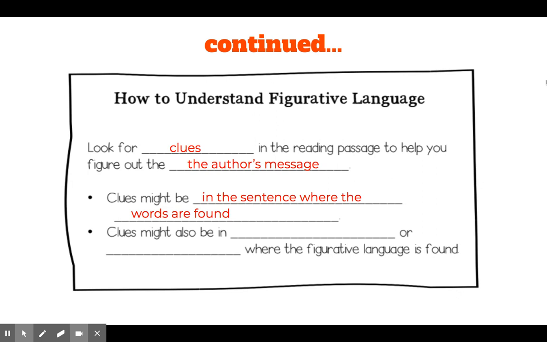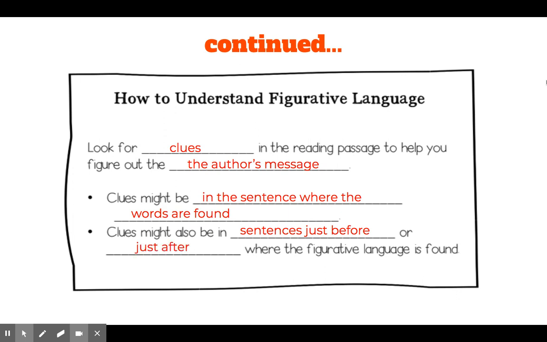So they might be directly said. They might be in the exact words that are there. They might also be in sentences just before or just after where figurative language is found.